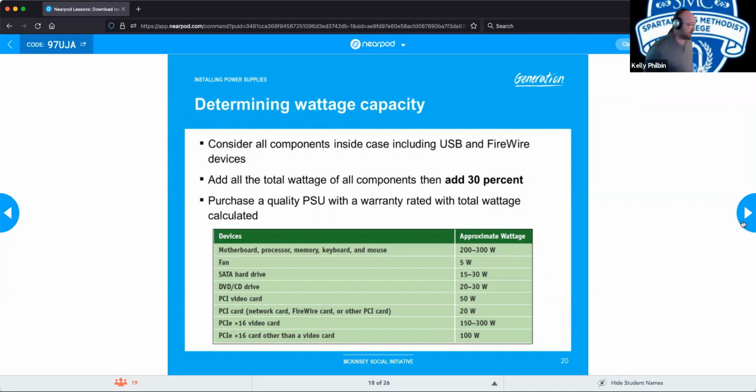Now, real life, I would say at least minimum 50% more. So real life 50%, with regards to CompTIA, 30%. That's how you're going to future-proof your power supply for some added growth.